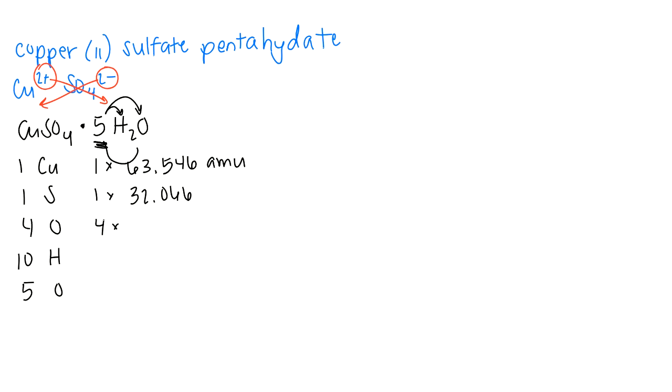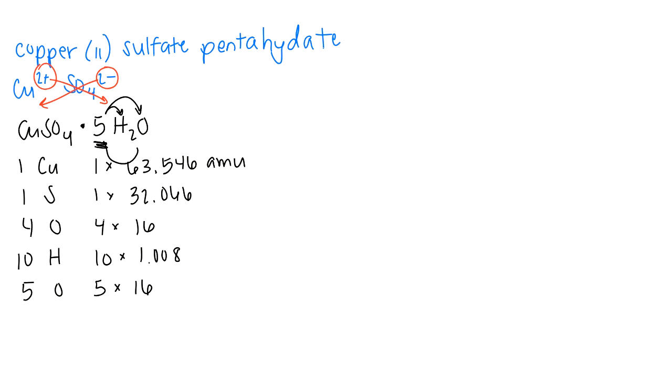Oxygen is one of those where it's so close that we can just round it and call it a day. So I'm going to say 4 times 16 since it's 0.999. Hydrogen, we have 10 times 1.008. And then oxygen again, 5 times 16.